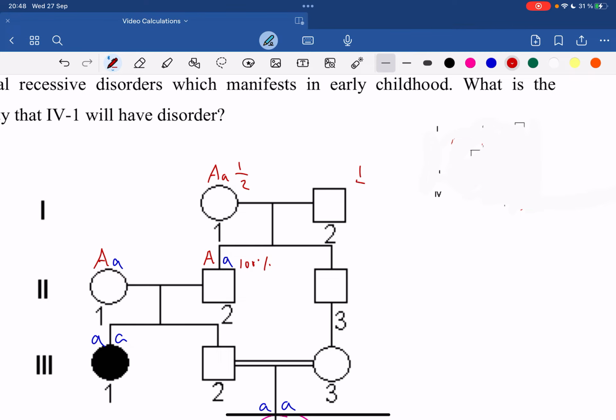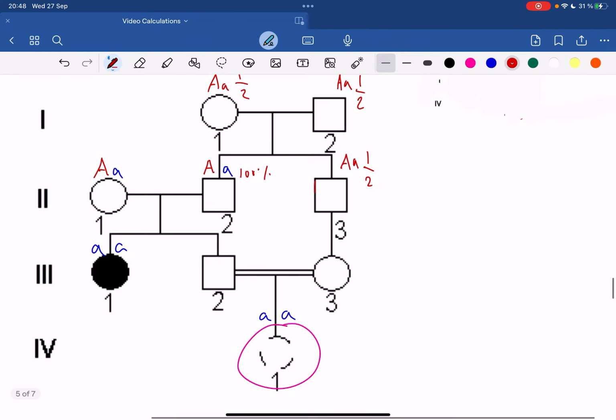The father is also 1/2 because it's first degree, and the brother is also 1/2 because it's first degree. But the niece, I think it would be 1/4, because her first degree relative is this person. This person has 1/2 a chance to be heterozygous. Then she would have 1/2 of that, which is 1/4.